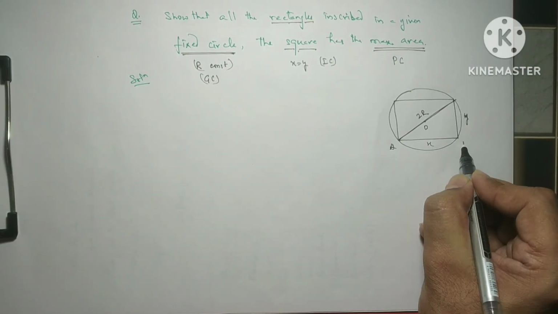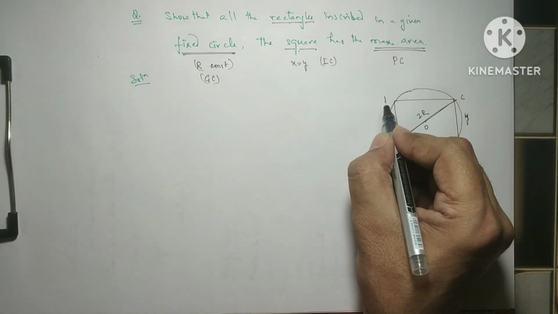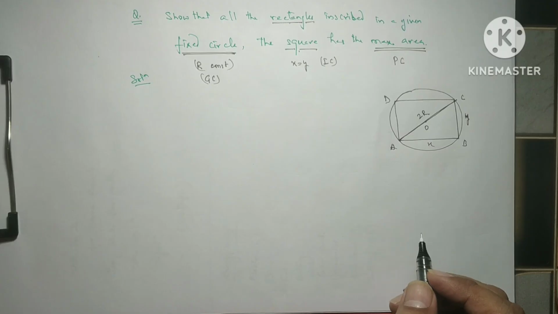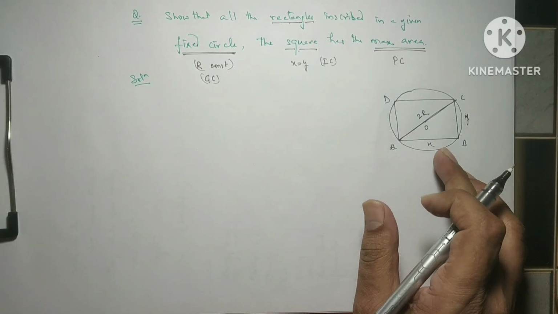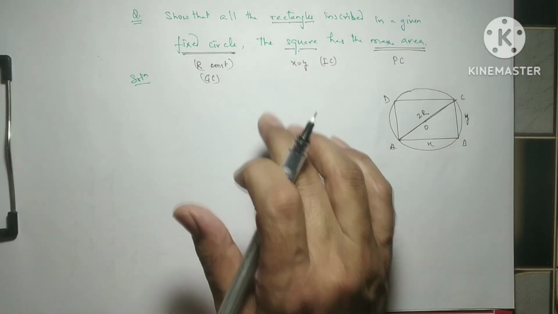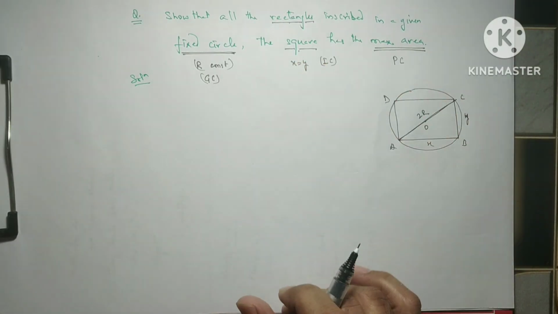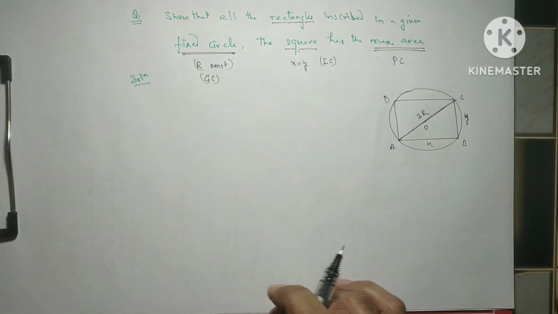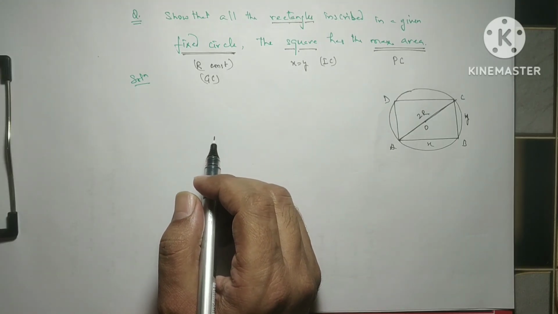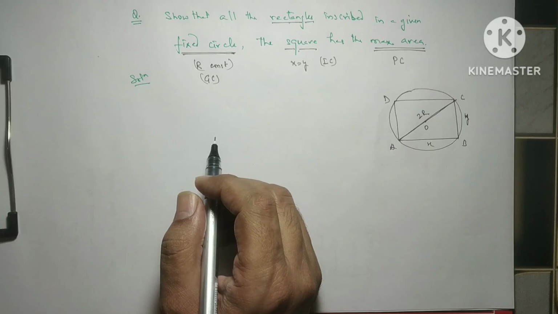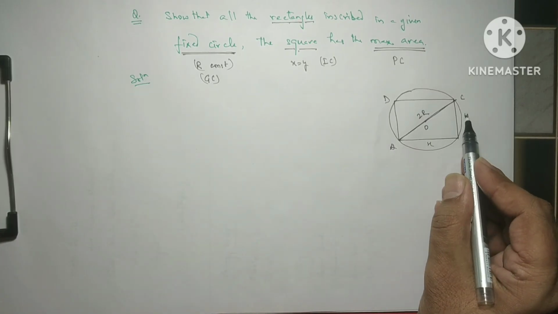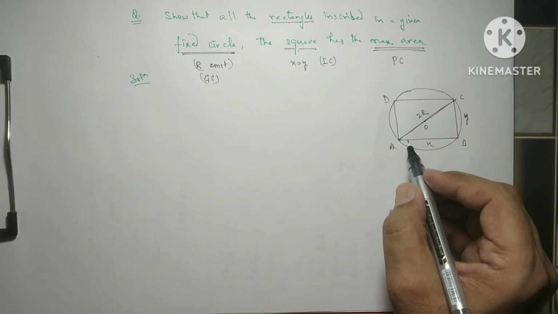The vertices are A, B, C and D. So AC is the diameter. We want to prove that the maximum area rectangle inscribed in a circle of radius r is a square. So right now we want the area of the rectangle. Area is x into y, so we want to collect the values of x and y in terms of r.